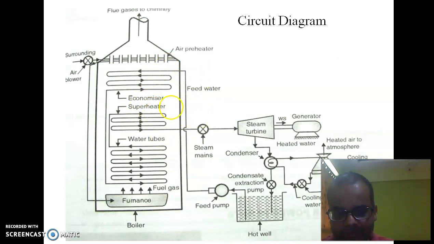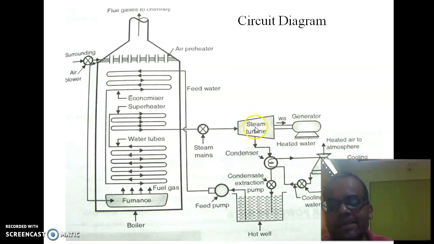Now that hot steam will pass through this steam turbine. When it impacts on the turbine blades, they start to rotate, so heat energy is converted into mechanical energy. The turbine is connected to the generator through a shaft, where mechanical energy is converted into electrical energy.